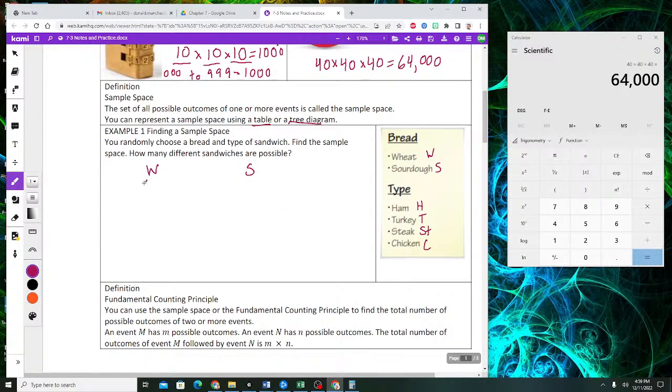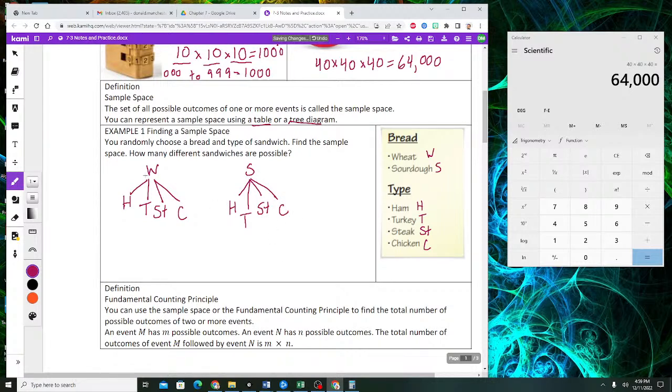So we could have ham on wheat, turkey on wheat, steak on wheat, or chicken on wheat. On the sourdough, we could go ham on sourdough, turkey on sourdough, steak on sourdough, or chicken on sourdough.